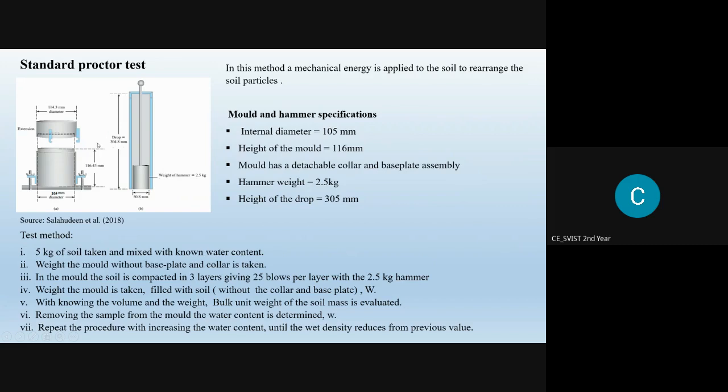Suppose first you take w1, then w2 will be greater, because we are adding more and more water, so the weight is increasing. But after some time there will be a value lesser than the previous one. At that time we will stop the test, and we'll measure the value of the water content.